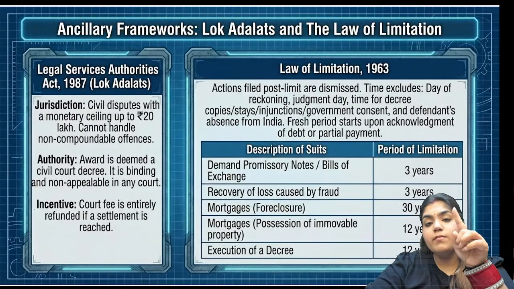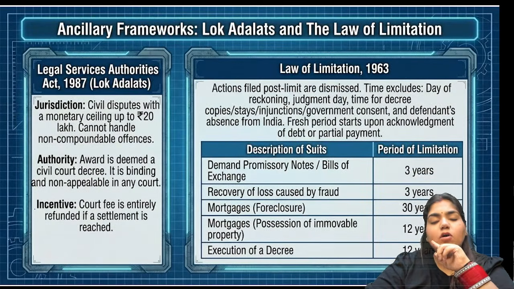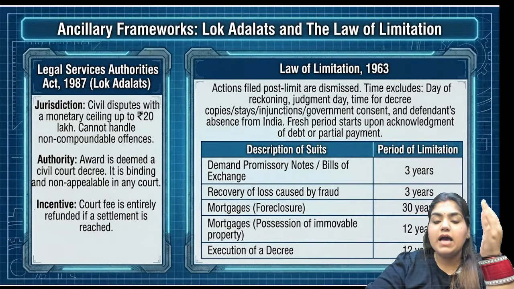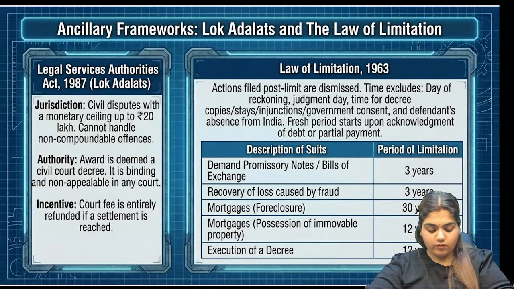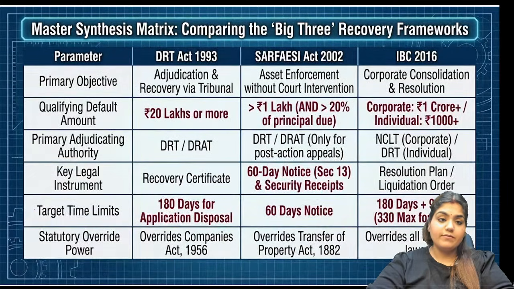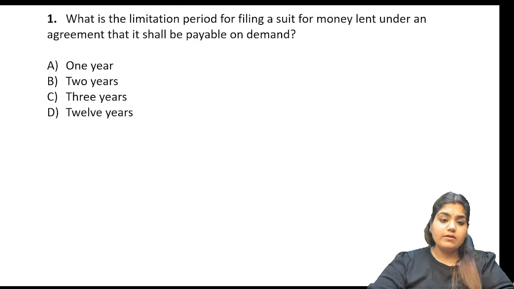We have a waterfall mechanism in IBC, which I have taught in detail to everybody. I cannot explain this right now because we do not have much time. It is already 11:30 and we have a lot of law to do and a lot of MCQs to attempt. So this is the difference between DRT, SARFAESI and IBC, which you will go through at any cost. Next, question number 1.